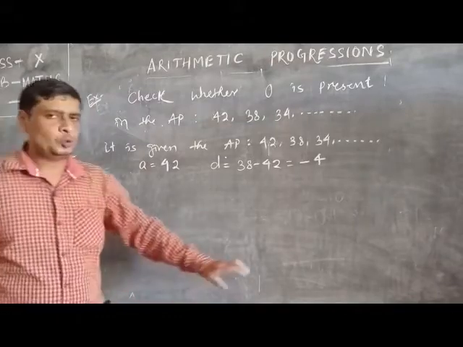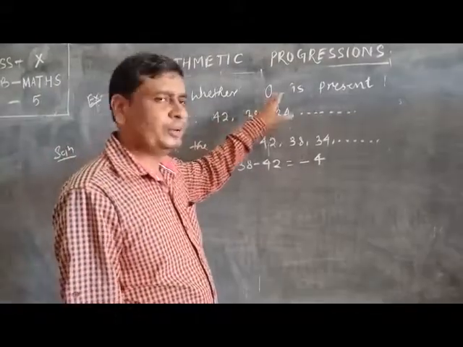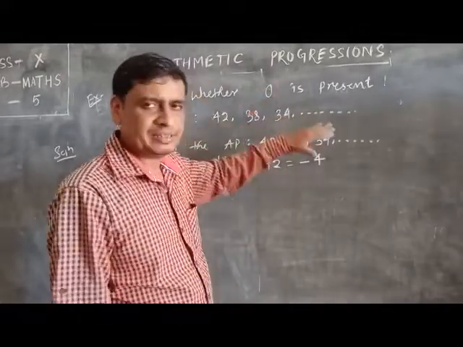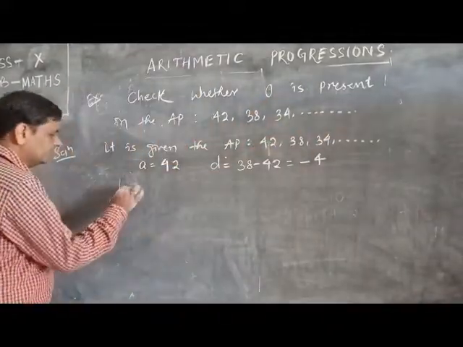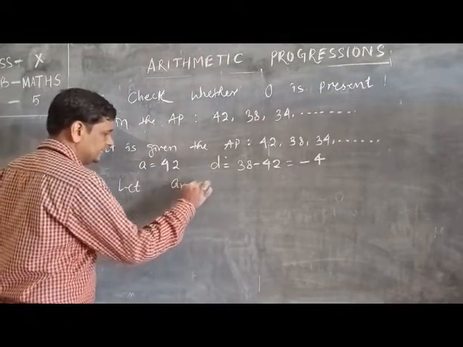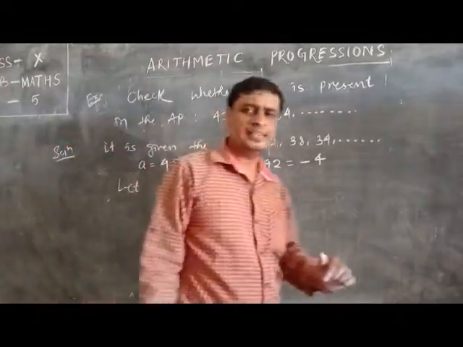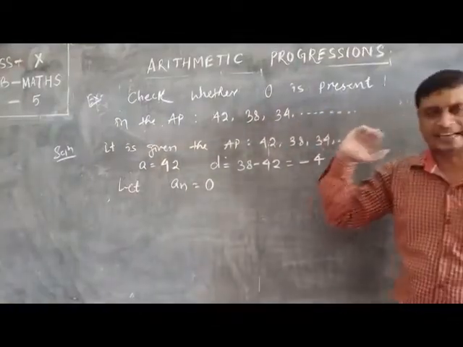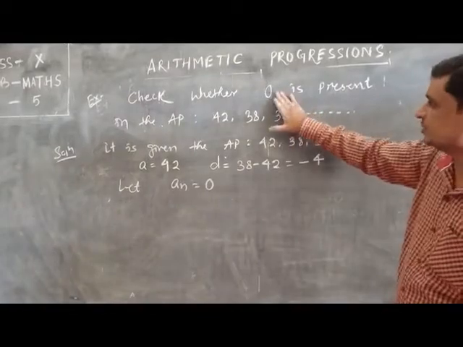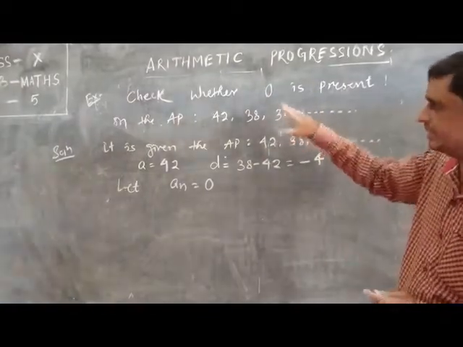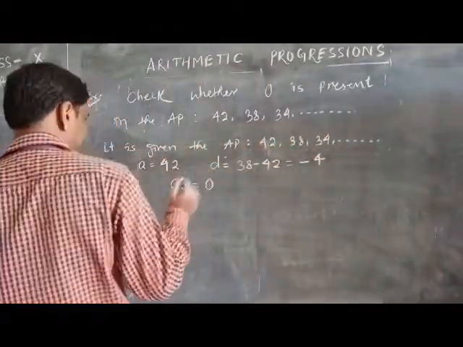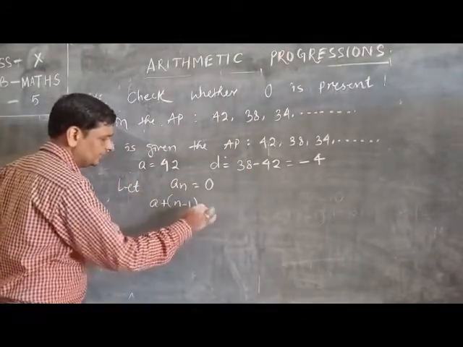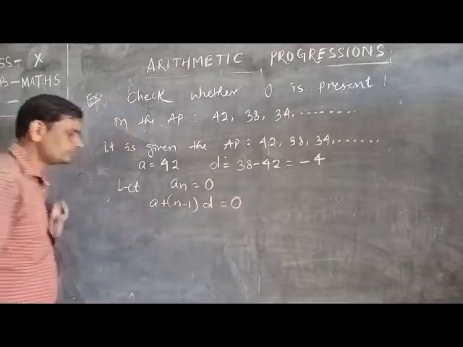Let's assume this 0 is present here. Let an is 0, that means this 0 is present as the nth term of the given AP. Nth term of this AP is 0, that means some term of the AP is 0.